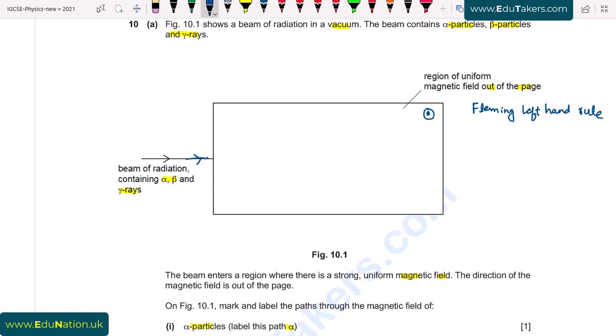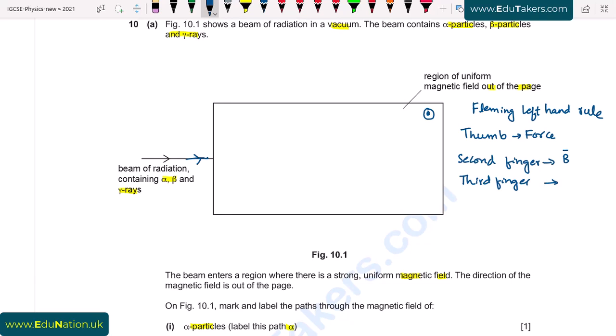We use our left hand in such a way that the second finger, third finger and thumb are mutually perpendicular to each other, and if my thumb points in the direction of force, then the second finger is in the direction of magnetic field and the third finger is in the direction of flow of these particles.